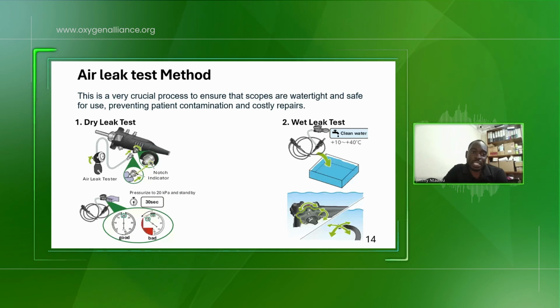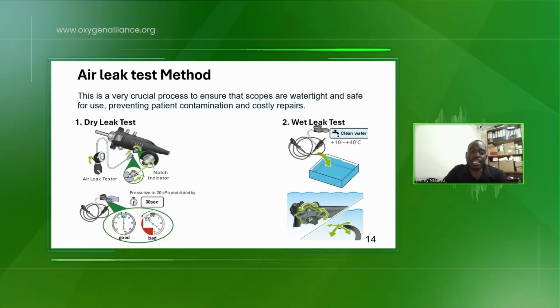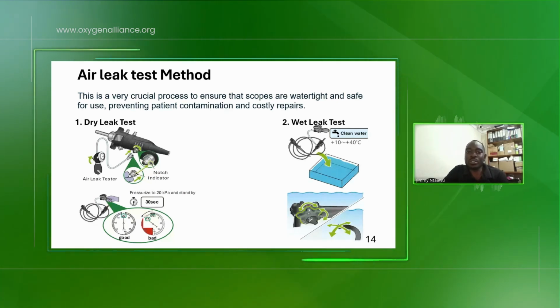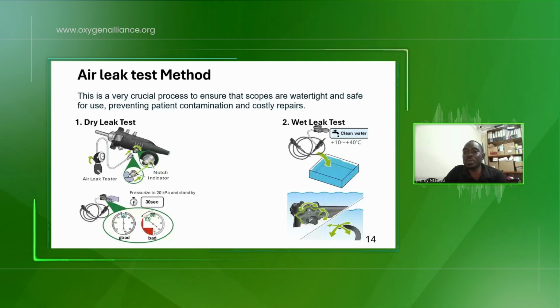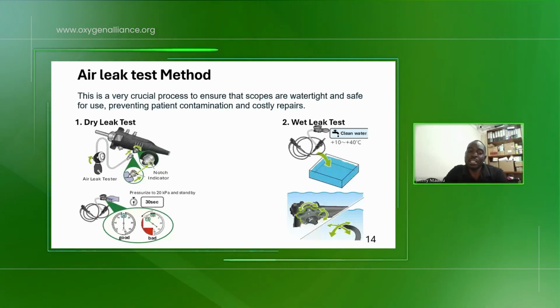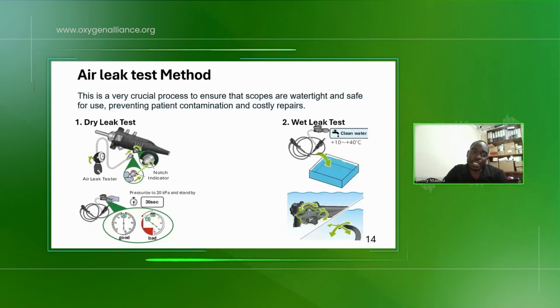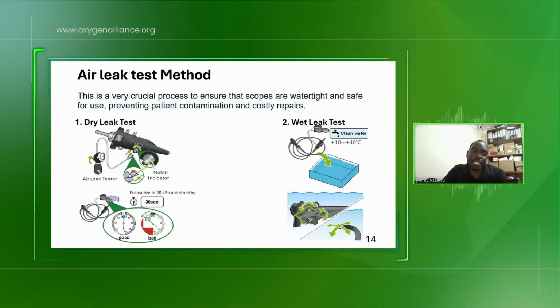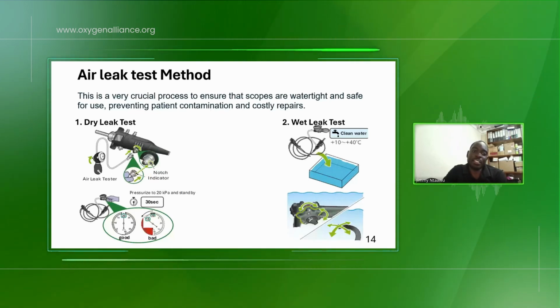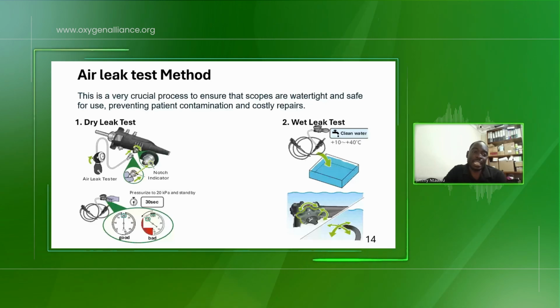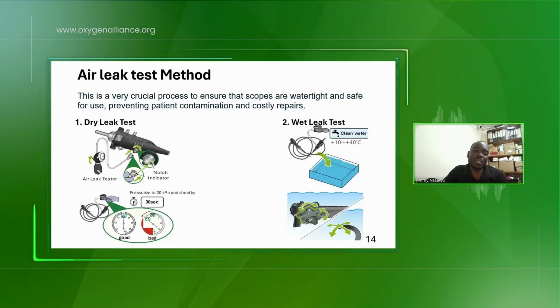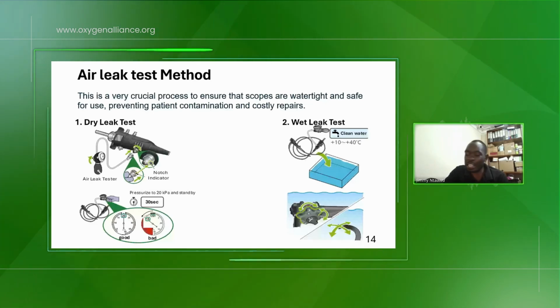Yeah, so I talked of the leakage test. This one is very important, and like the statement says, it's a crucial process to ensure that the scopes are watertight and safe for use, preventing patient contamination and costly repairs. The leakage test helps us to identify if a scope has a leak, because remember, the scope is dealing with fluids, and the cleaning has water.